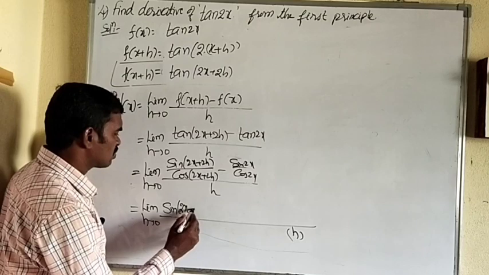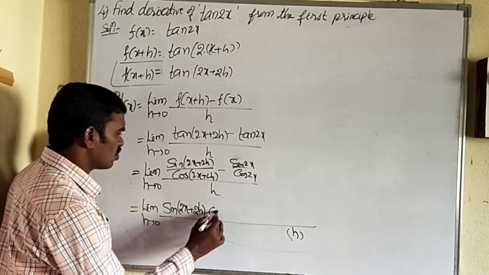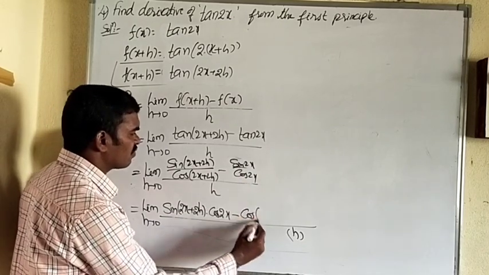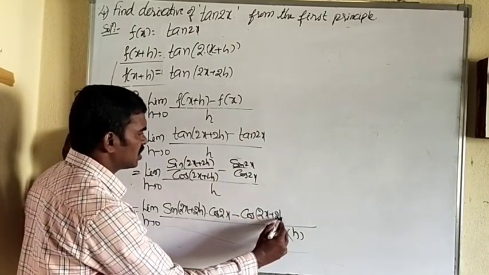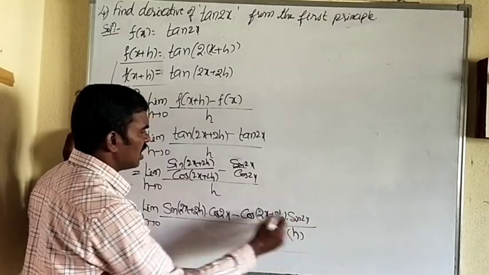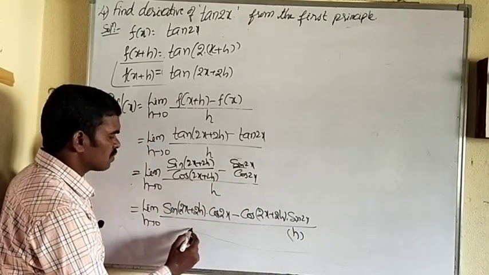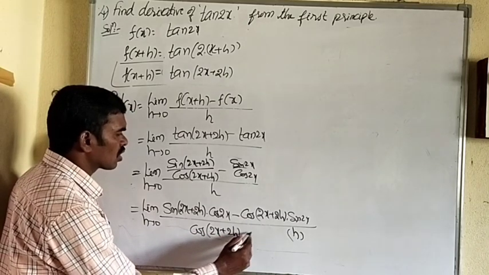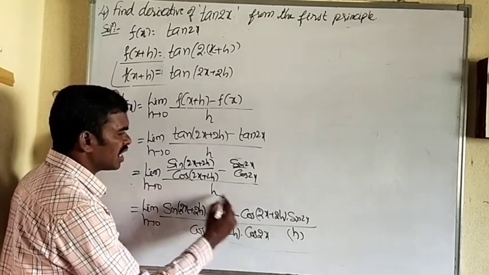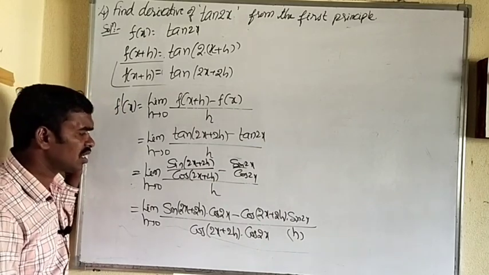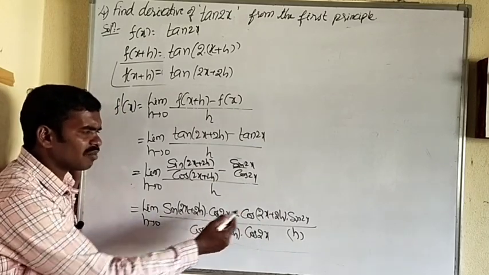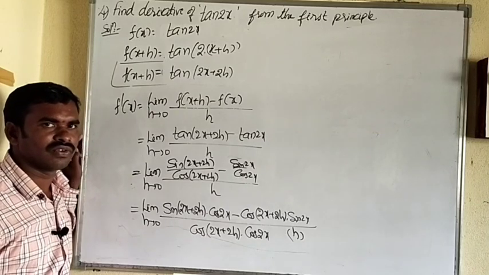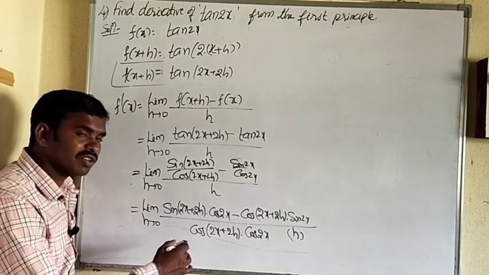So sin of 2x plus 2h into cos 2x minus cos of 2x plus 2h into sin 2x, by cos of 2x plus 2h into cos 2x, and h as it is. Now see, this is not in the form of sin c minus sin d, nor cos c minus cos d. Then how? Just think, I will give the clue.